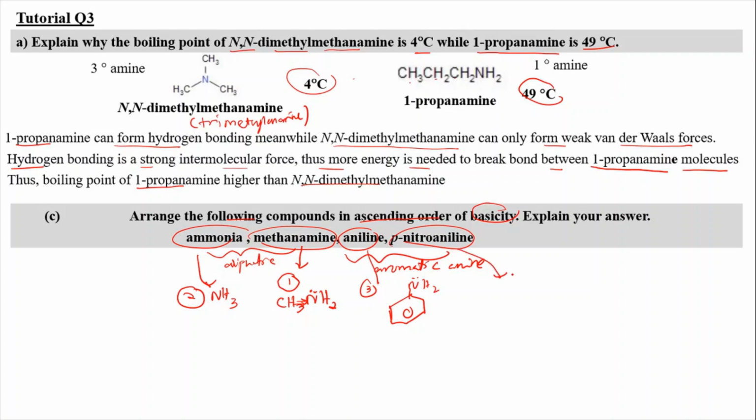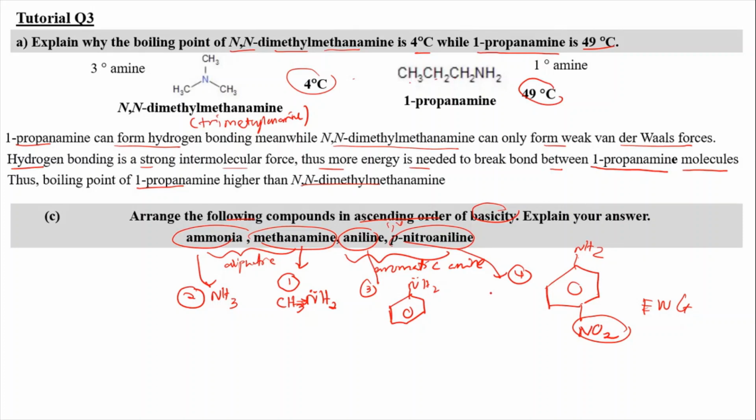Okay, and the p-nitroaniline. So p-nitroaniline is basically the structure of aniline, and the p refers to para, which is 1, 4. So you have 1, 2, 3, 4, and at carbon number 4 it is attached to the nitro group. The nitro group here is an electron withdrawing group, so it will pull electron density towards itself, leaving less electron density on the nitrogen and hence making it less basic.